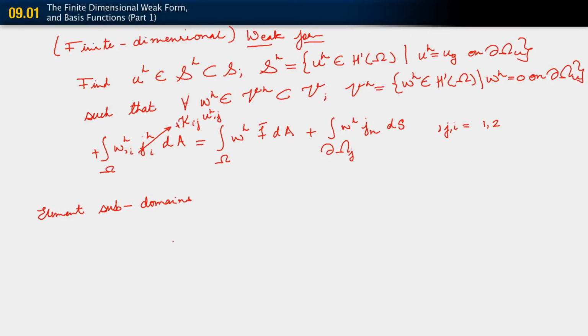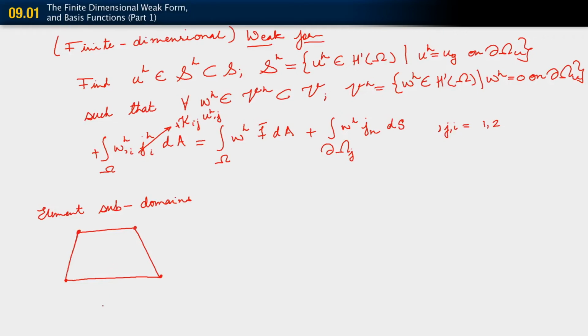We don't need all of that here. Let's just look at the element subdomains. So we may work with quadrilaterals here, of that type. Okay, and just to fix ideas, let's suppose that we're working with bilinear quads.